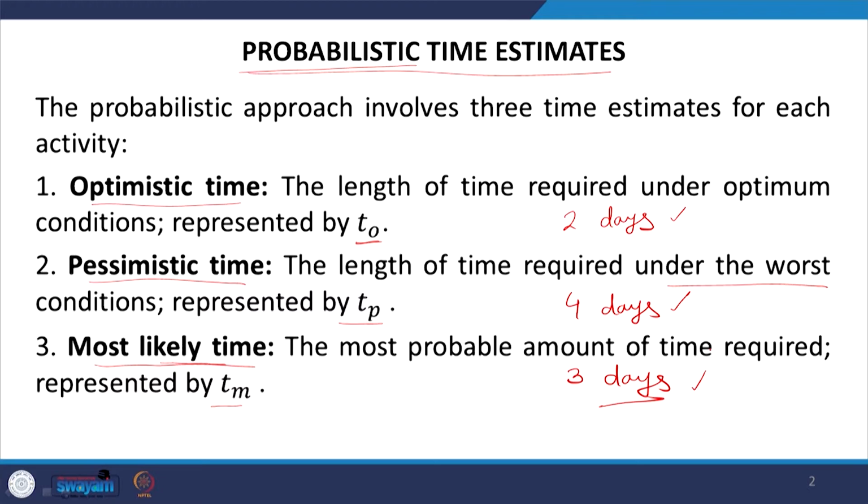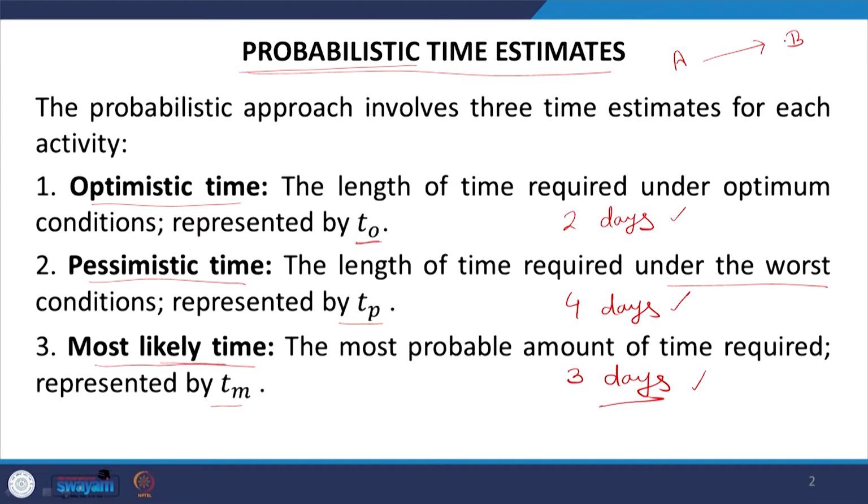And we also know that if I am travelling from place A to place B, people will say that if you find the roads are free, there is no traffic on the roads, you will travel this distance in 2 hours. But there are possibilities that you may find different patches where a jam may be there, so it may take 5 hours to reach.